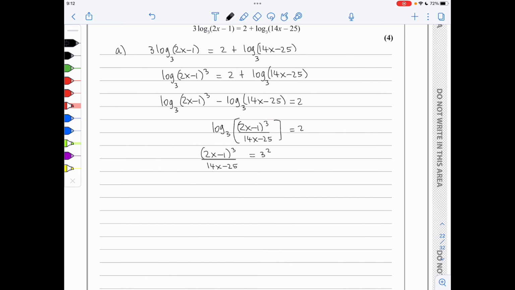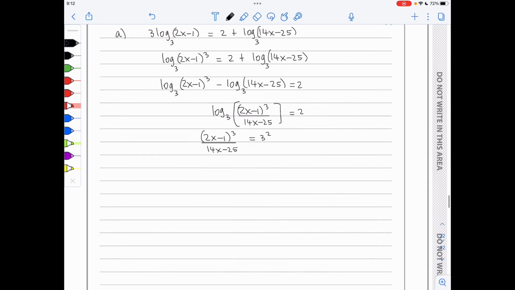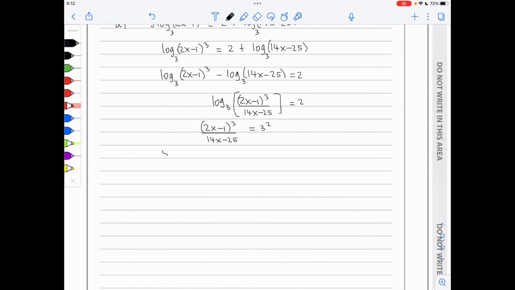Now I will expand the 2x minus 1 cubed. It gives me 8x cubed minus 12x squared plus 6x minus 1, which is equal to 9 times the 14x minus 25.